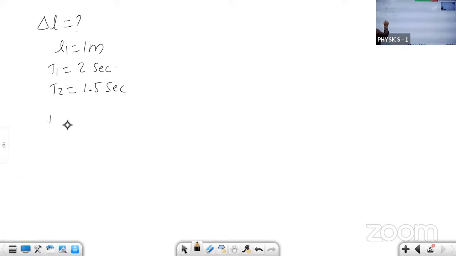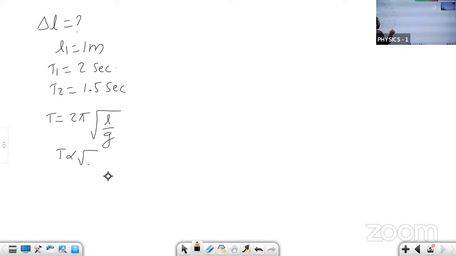You know T equals 2 pi under root of L by g. T is directly proportional to root L. We write T1 by T2 equals under root of L1 by L2.